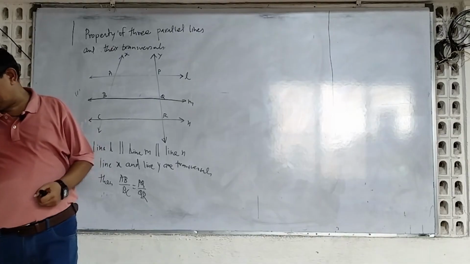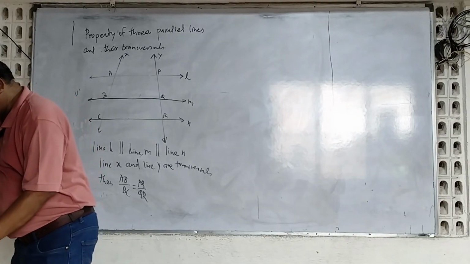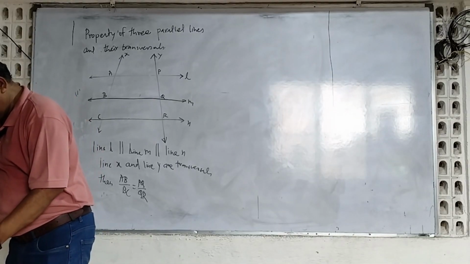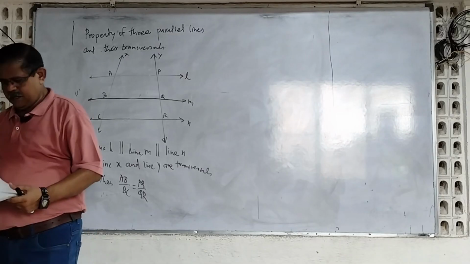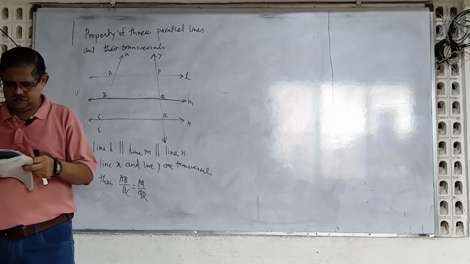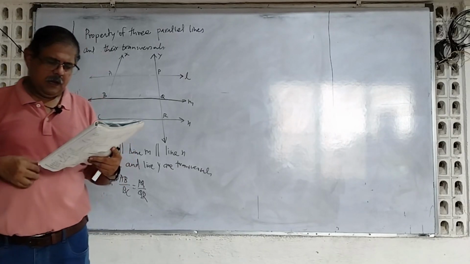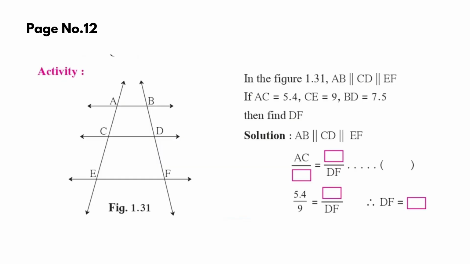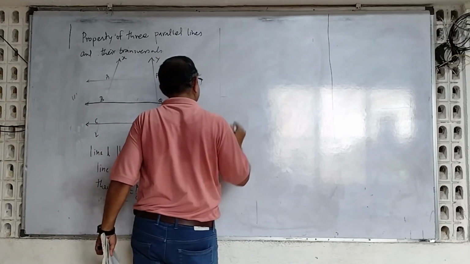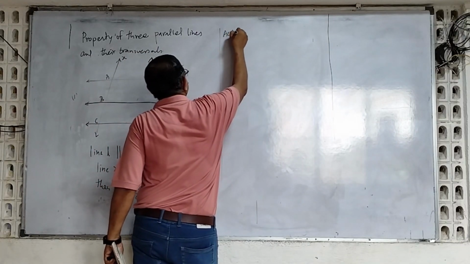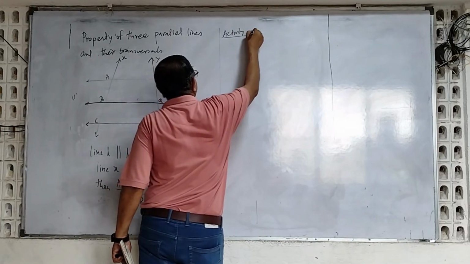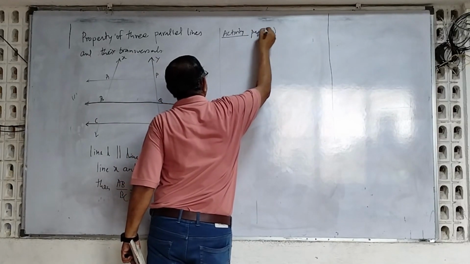There is one activity given in your textbook on page number 12. See, very simple. They are given AB parallel CD parallel EF. I am talking about the activity on page 12.